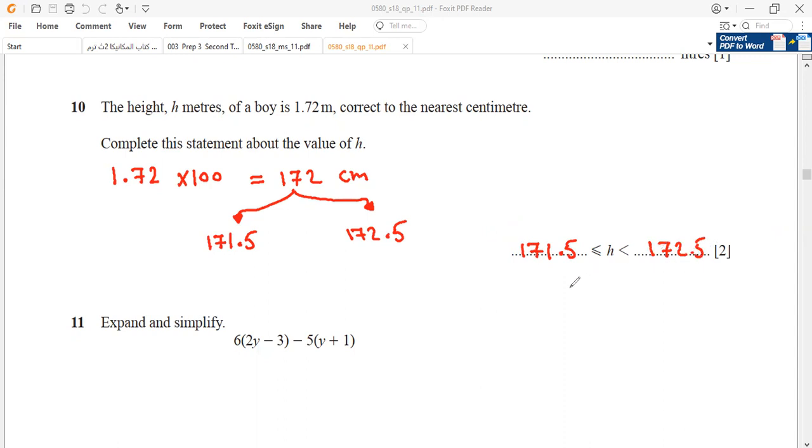Or we can convert it again to meters. So we can divide by 100 again. Here we will have 1.715 meters, and here the upper limit will be 1.725 meters. The two methods are okay, they're accepted. You can write the two numbers in centimeters or in meters, no problem.